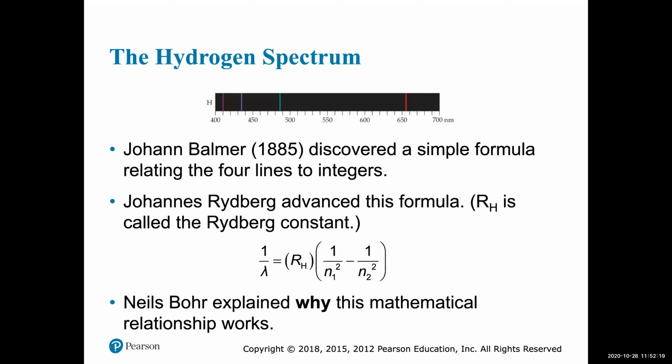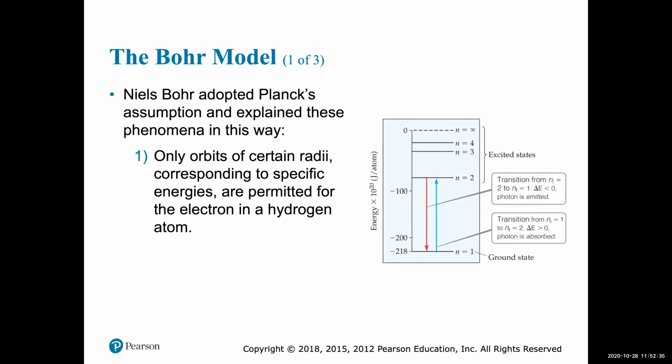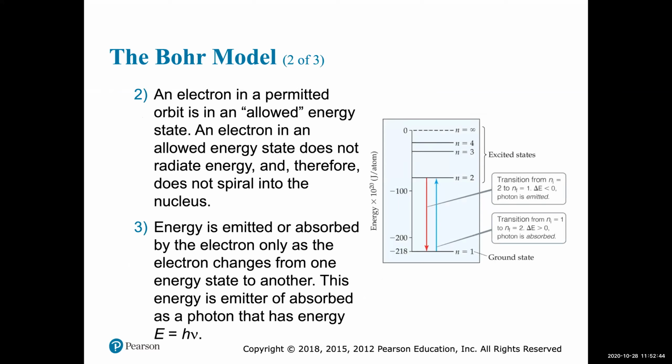So Rydberg had studied the hydrogen spectrum and had come up with a formula, which we see here. The RH is a constant named after him. And then Bohr expanded on this and started explaining some of this stuff. What he talked about is that an electron is permitted only in certain allowed energy states.